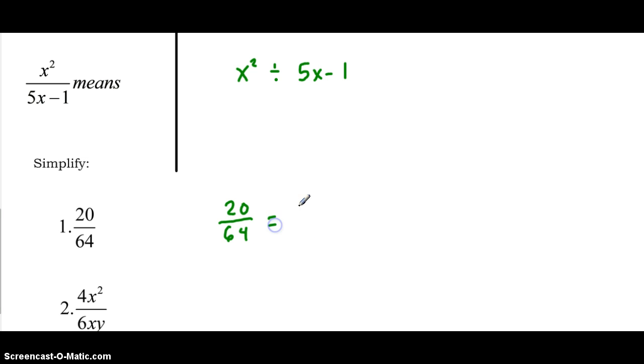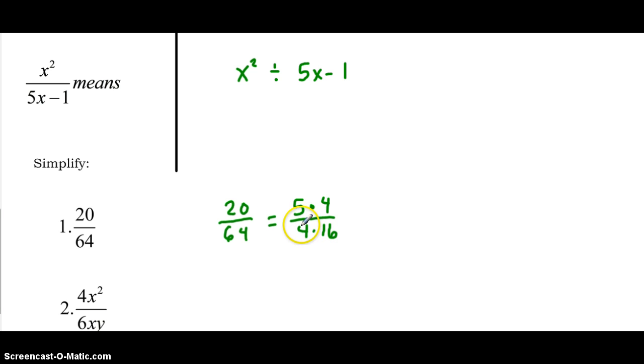And just to show you what we're doing, we obviously could divide both by 4. But so you can see how this is going to work with our more complicated problems, I'm just going to go ahead and write out 4 times 5 is 20, and then 4 times 16 would be 64.